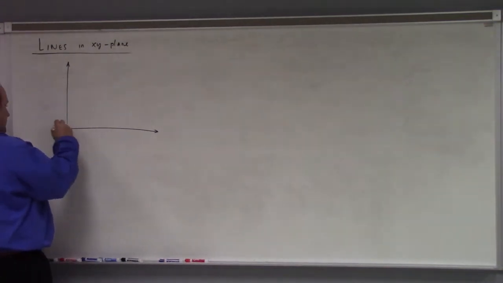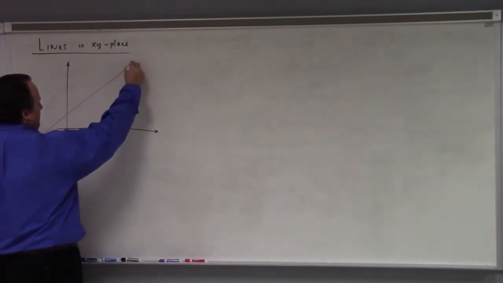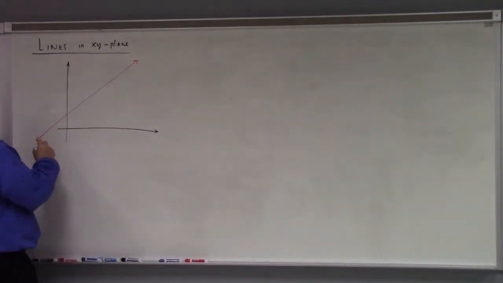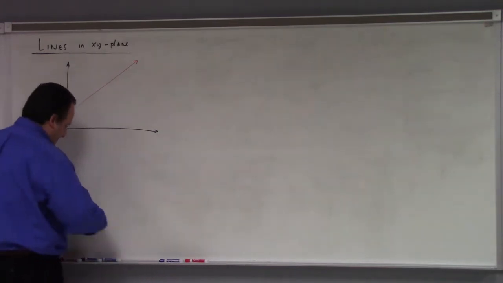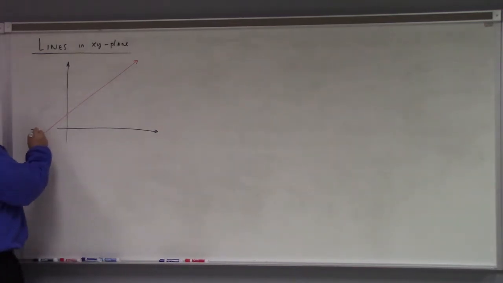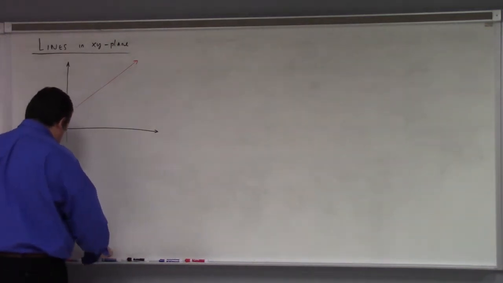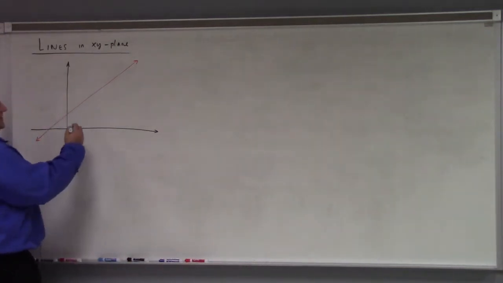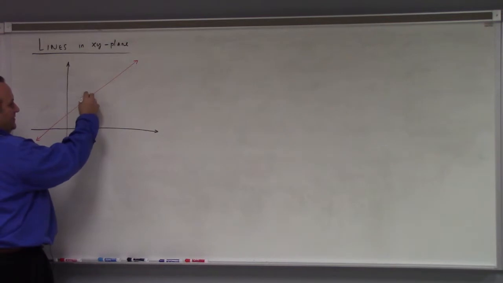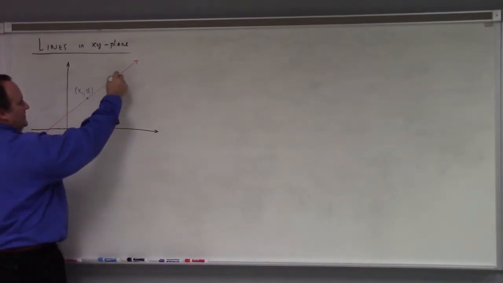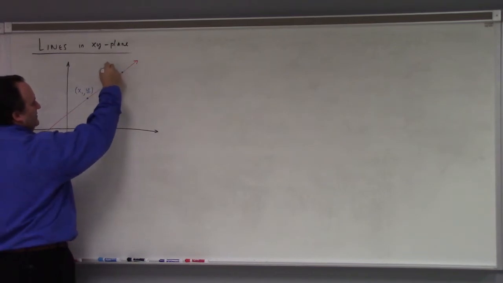Maybe my line looks something like this. And on that line, if you pick 2 points, let's say this point, x1, y1, and you pick this other point over here, x2, y2.